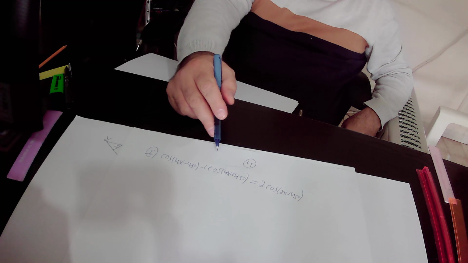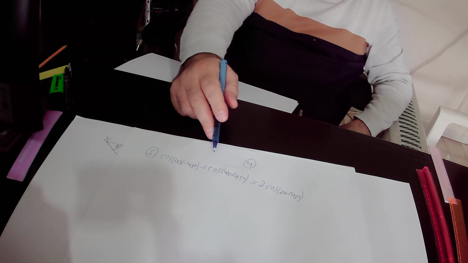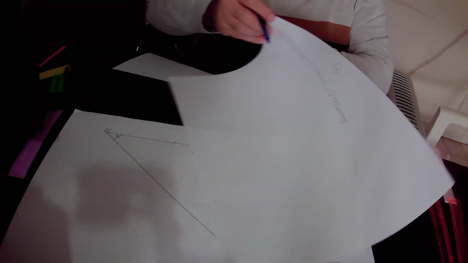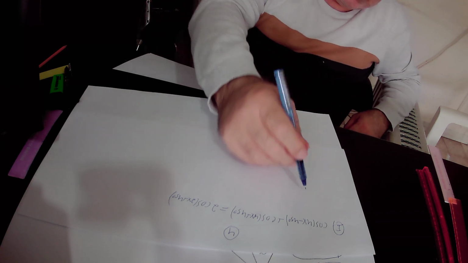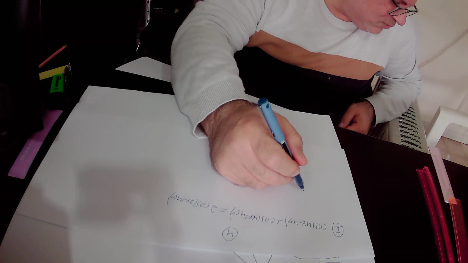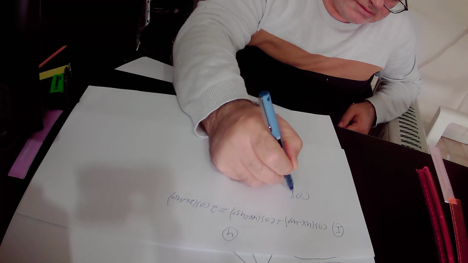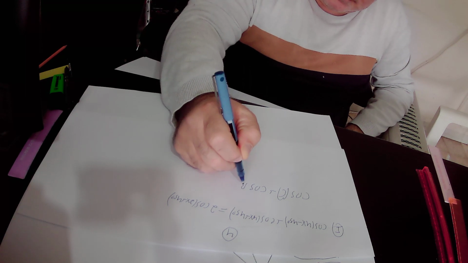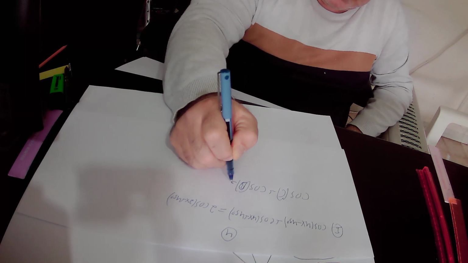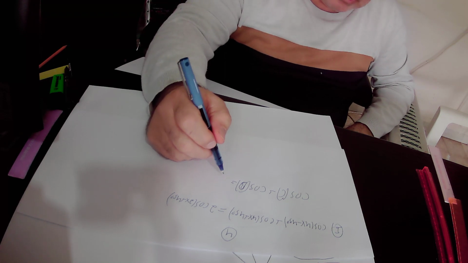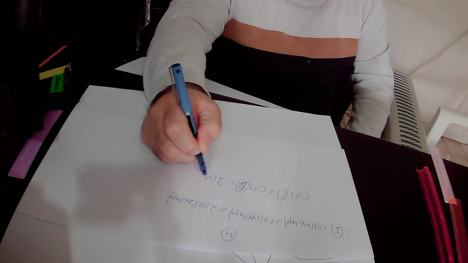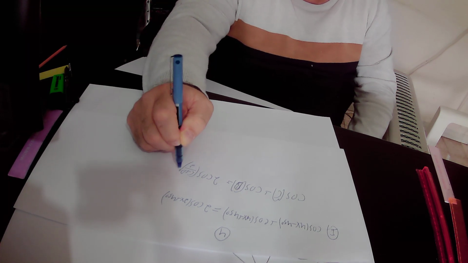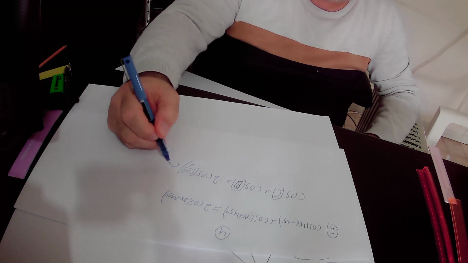In order to simplify this side of equation number 1, we will use a trigonometric identity: cosine C plus cosine D equals 2 times cosine of C plus D over 2 times cosine of C minus D over 2.